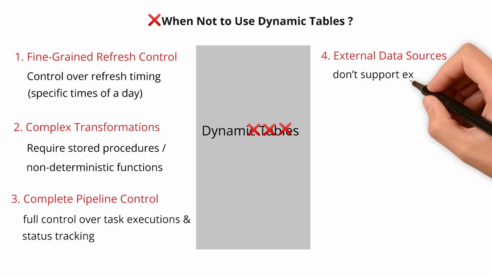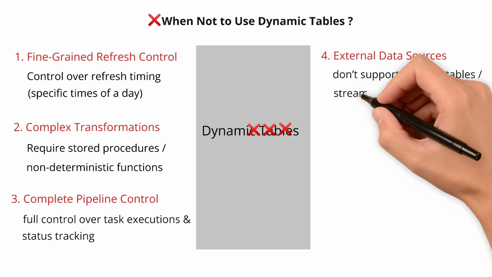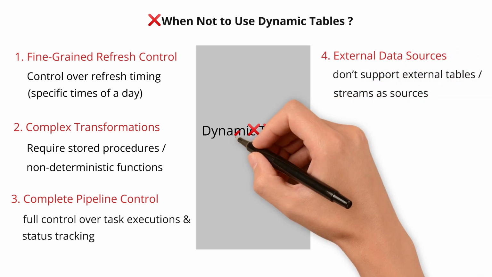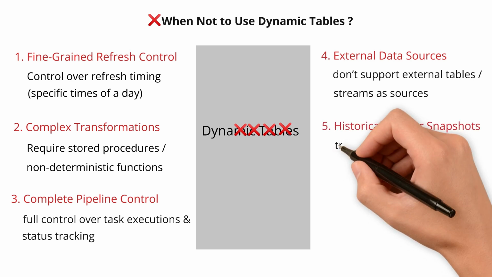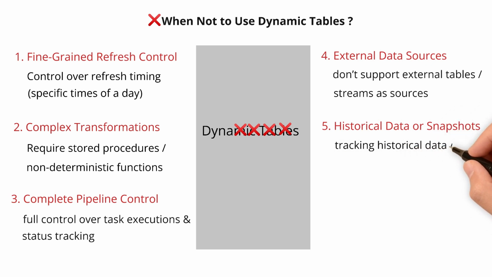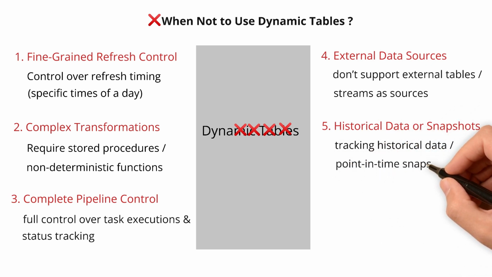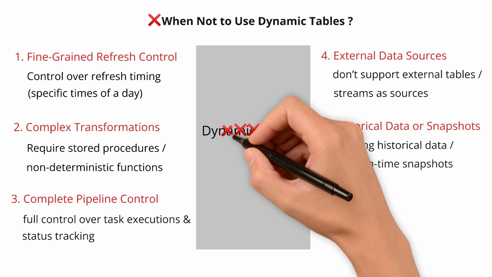Dynamic tables don't support external tables or streams as sources, so they are not suitable if you need data from external storage. For tracking historical data or point in time snapshots, manual methods offer more control.